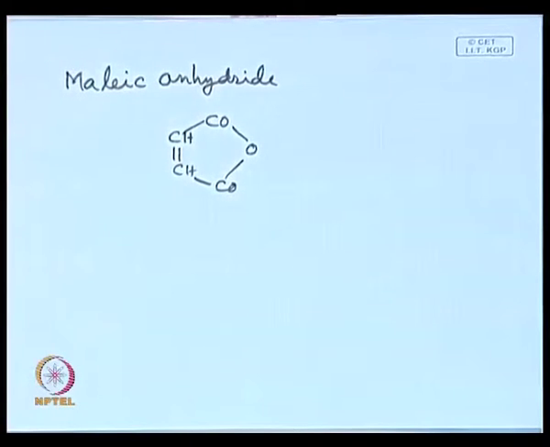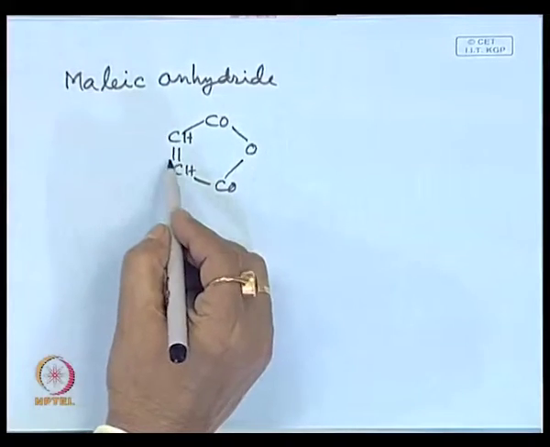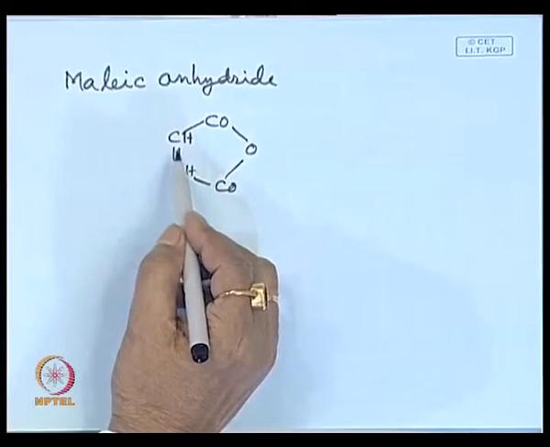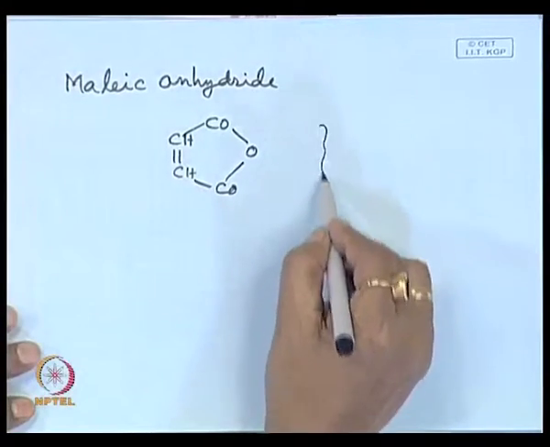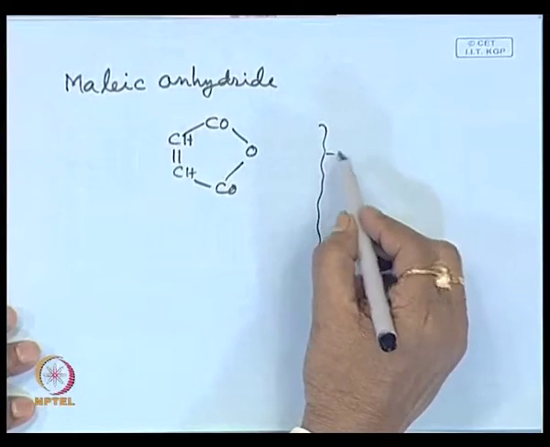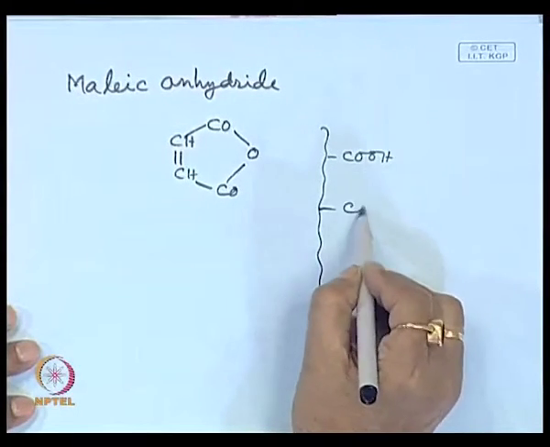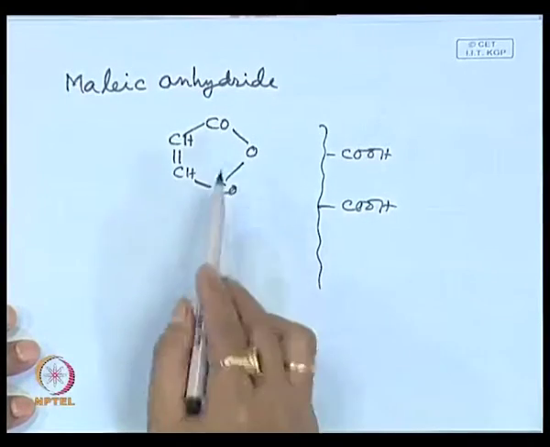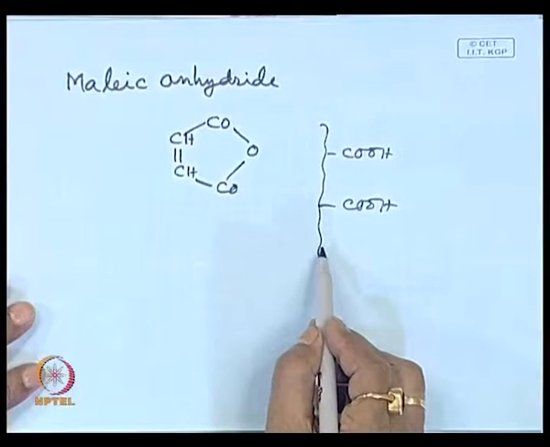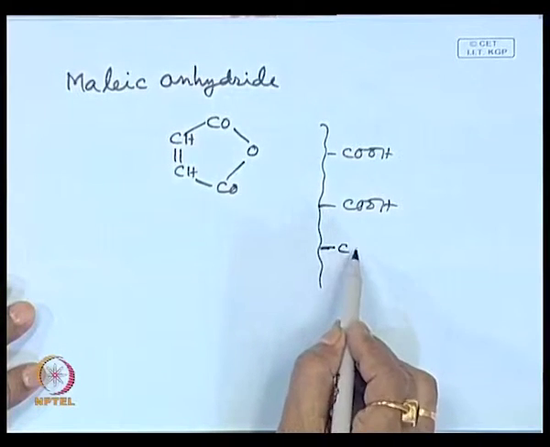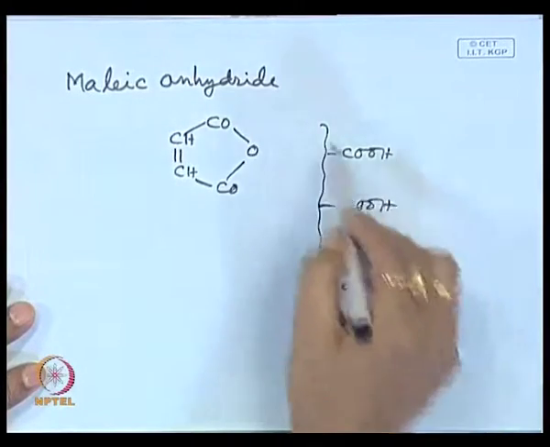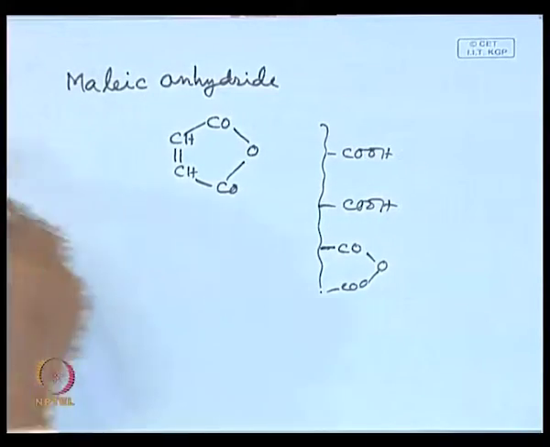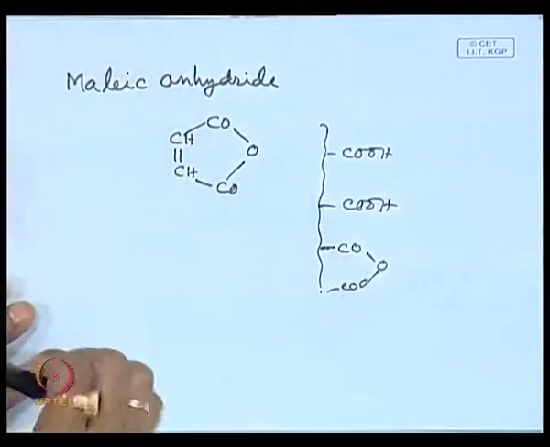If it is hydrolyzed, it will form maleic acid, retaining the double bond. If this is grafted onto polyethylene or polypropylene, what will be there? This is polyethylene or polypropylene, onto which you will get this, or sometimes if the anhydride is kept in dry condition, one can get this. So, some part of the polyethylene molecules are made polar, that means polarity of the system is increased.